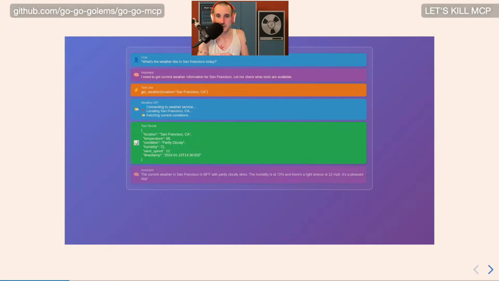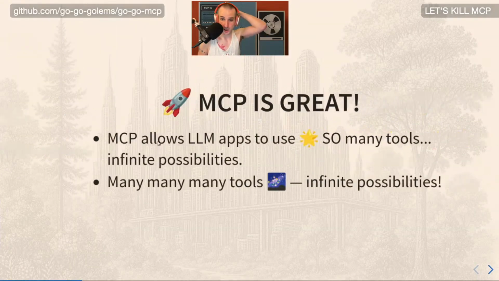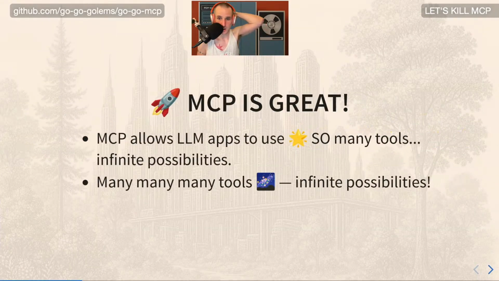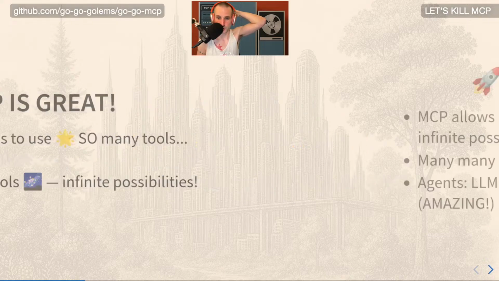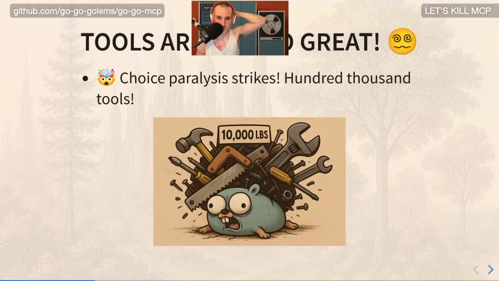The LLM client says, oh, look at that, a tool call. And then it's going to actually call the right weather API, get all these tool results, all these little tokens, and send them back to the LLM. So even though I was maybe just asking for the temperature, I still get all kinds of data. So that's all cool. It allows you to do many, many amazing things, as I'm sure you all know.